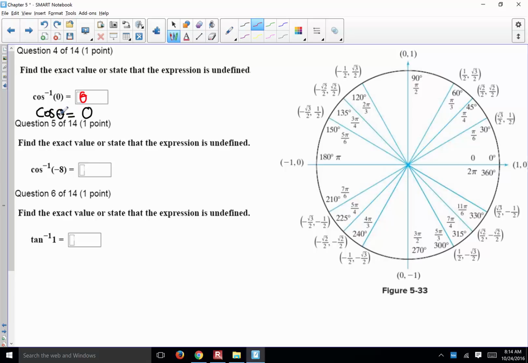What angle has a terminal point on this wheel whose x coordinate, cosine values meaning x coordinate, is 0? Find the points here whose x coordinate is 0. Which two angles can you find on this wheel whose x coordinate is 0?